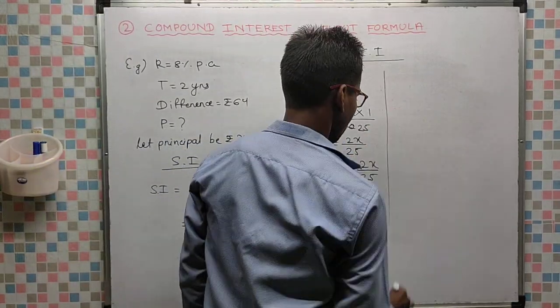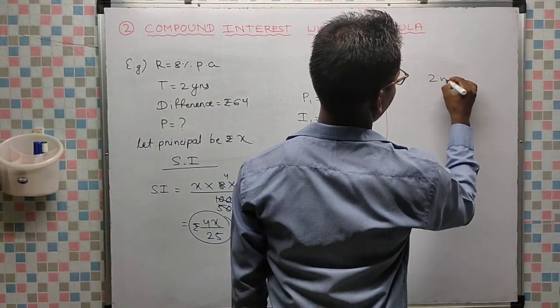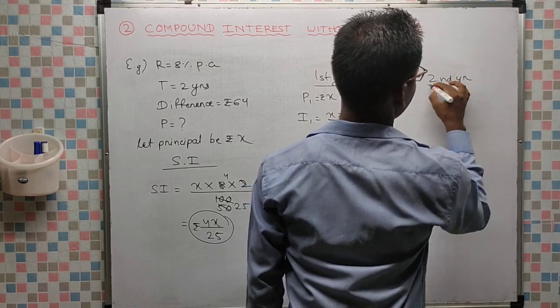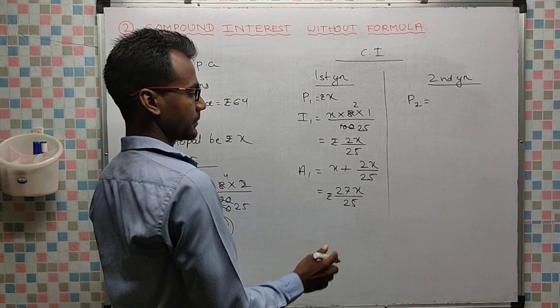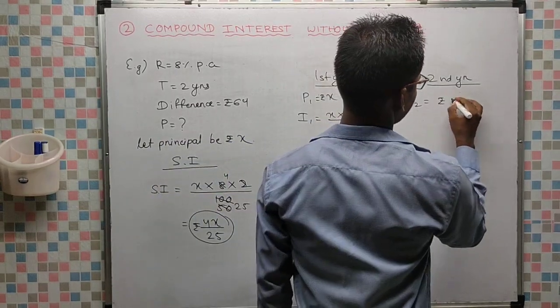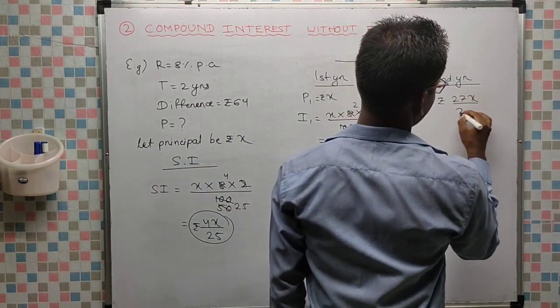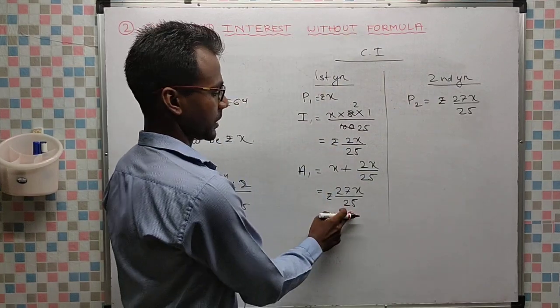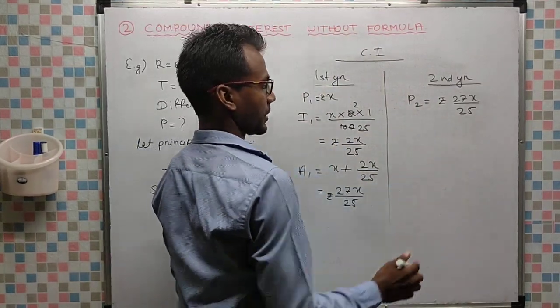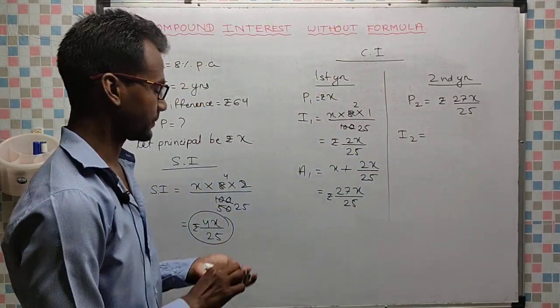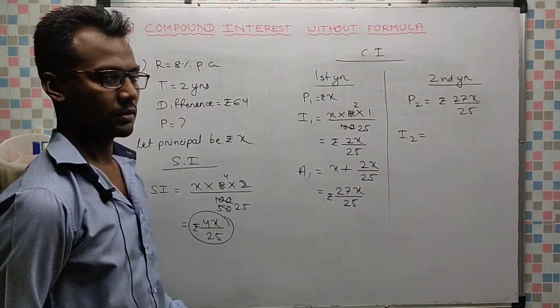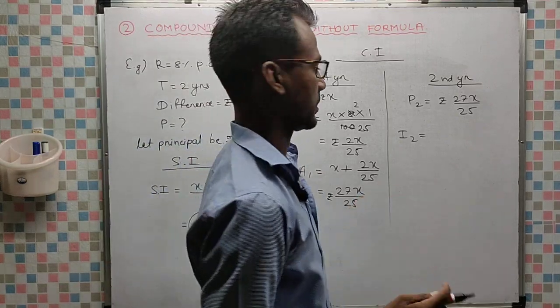The amount of the first year becomes the principal of the second year. Rate is the same 8%. Time is 1 year, because this is yearly.